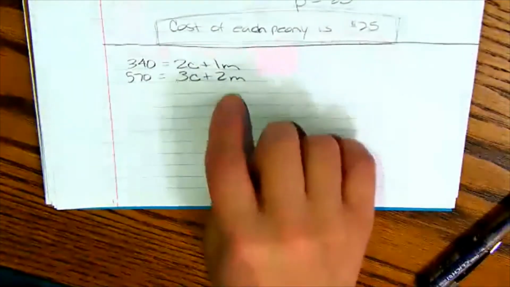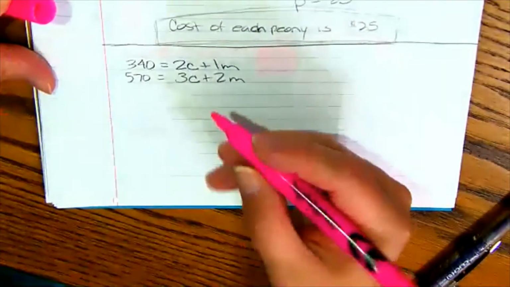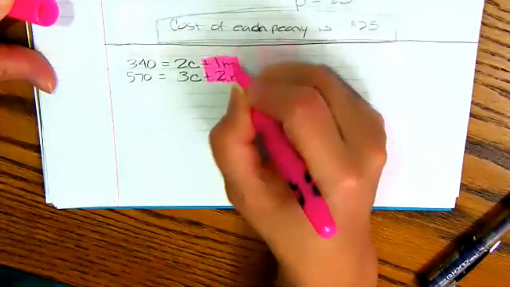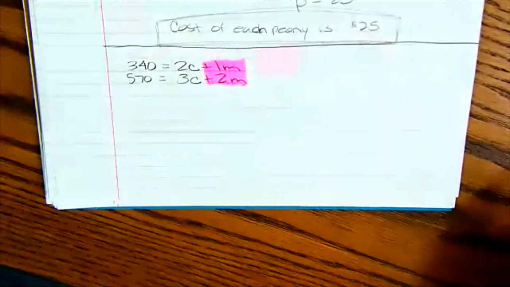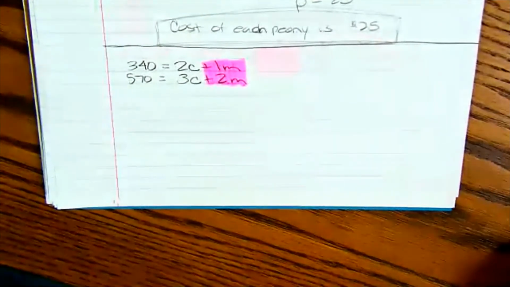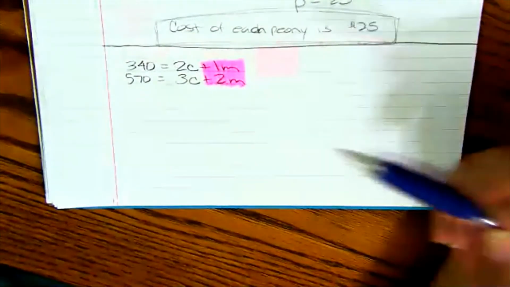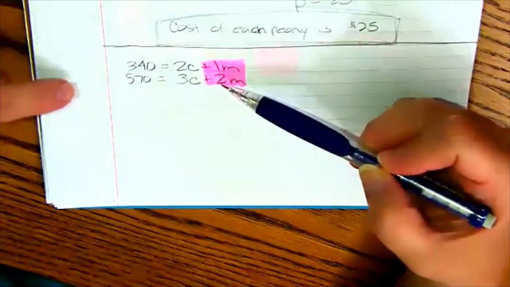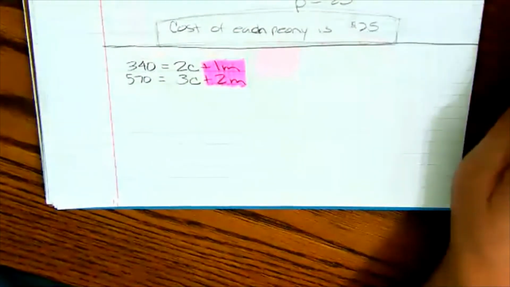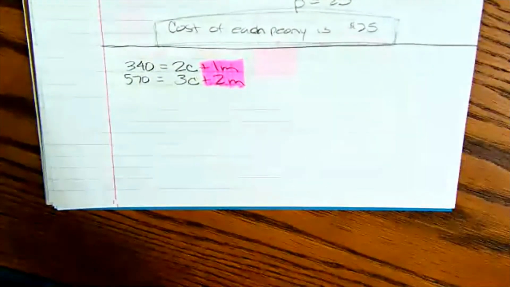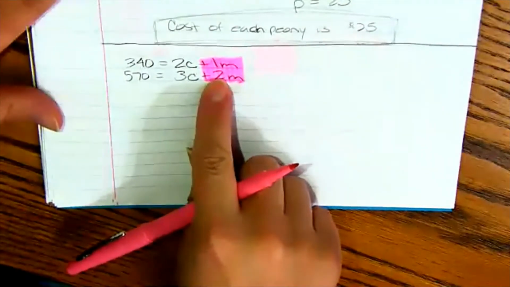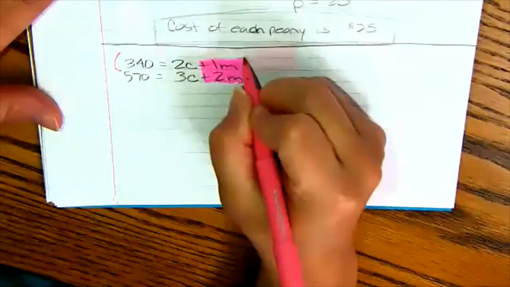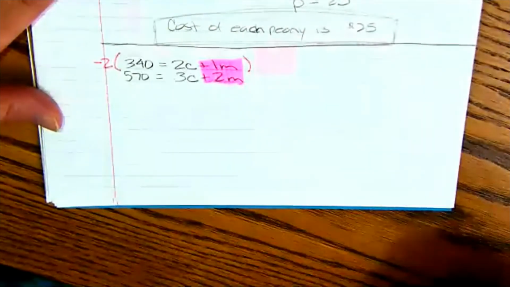So we want to get rid of the milk. So what is the least common multiple between 1 and 2? It's going to be 2. And I need one of these to be positive and one of these to be negative. And since this is already positive 2, I'm going to multiply this whole top equation by negative 2.